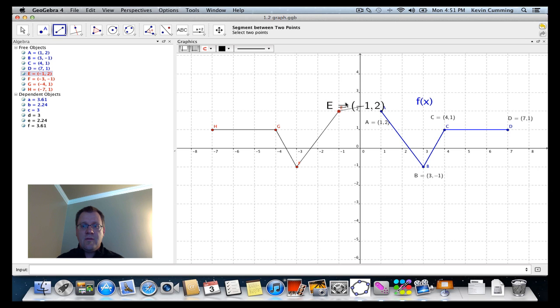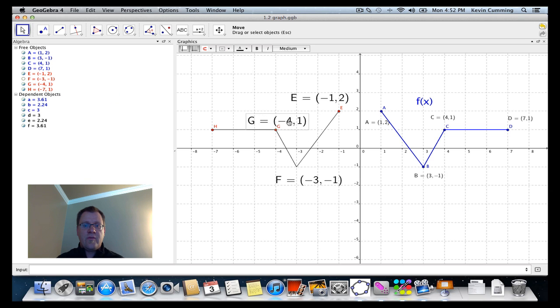Point E we can see has coordinates of (-1, 2). Point F has coordinates of (3, -1). Point G has coordinates of (-4, 1), and point H has coordinates of (-7, 1).